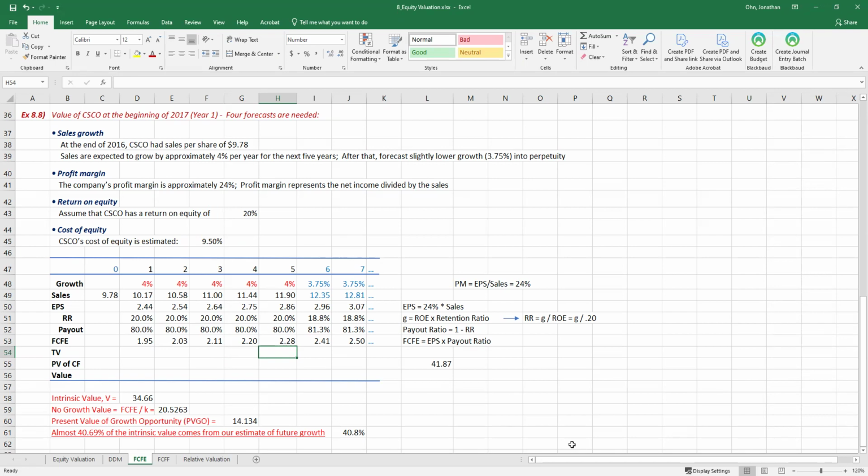Okay. Now, since we have this normal component and abnormal component here, we have to do the same thing. Let's calculate terminal value.